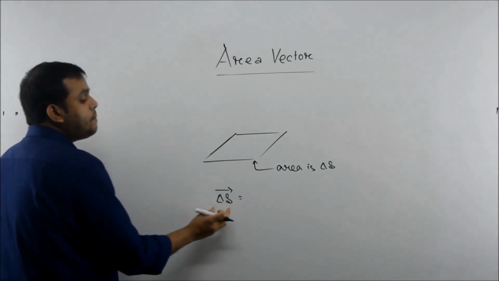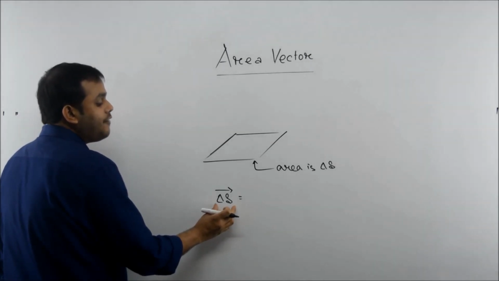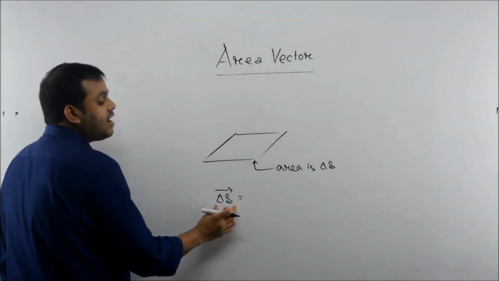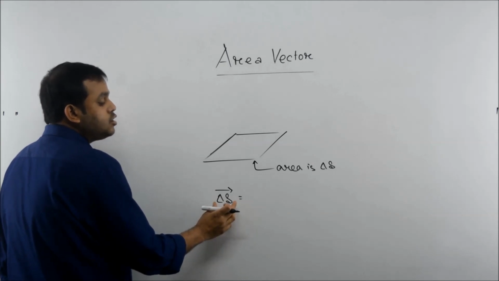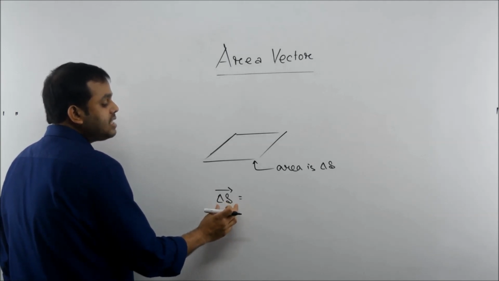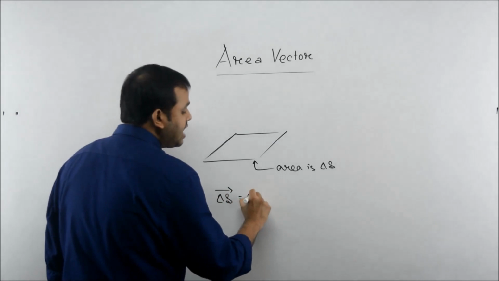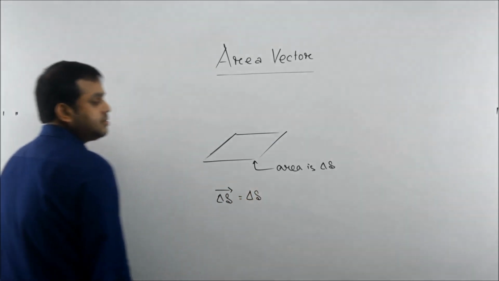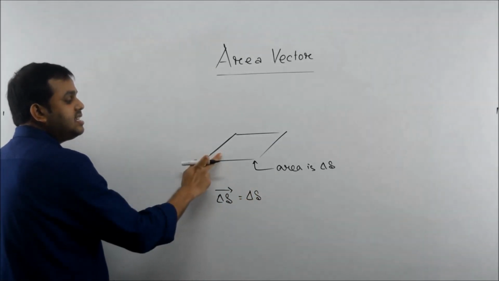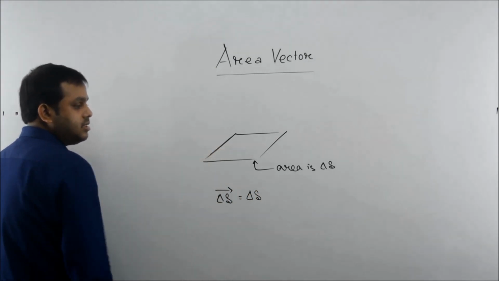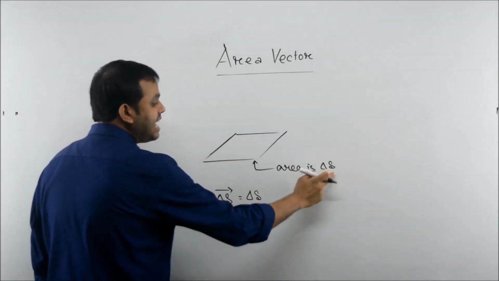So what is the magnitude of this area vector? It is the area of the element. This is a planar element whose area is delta S.